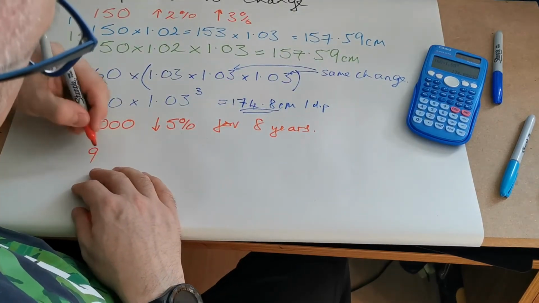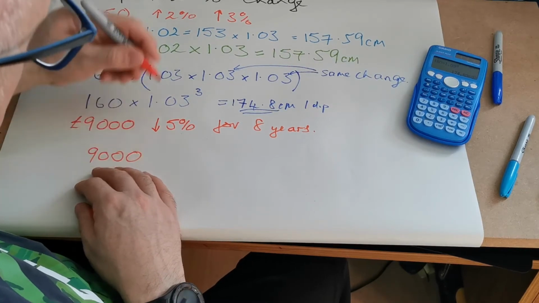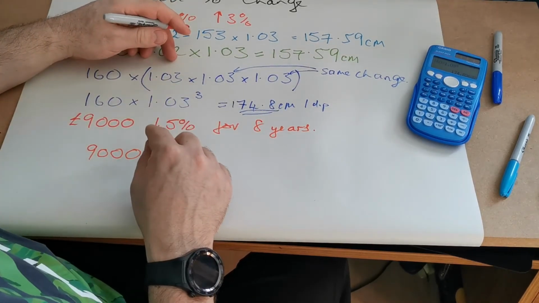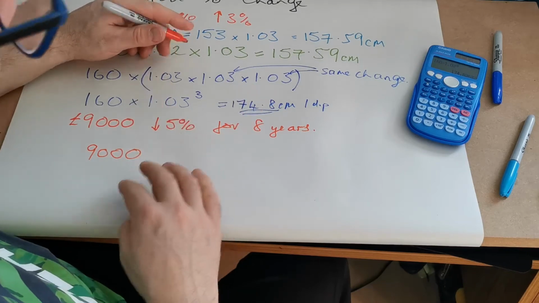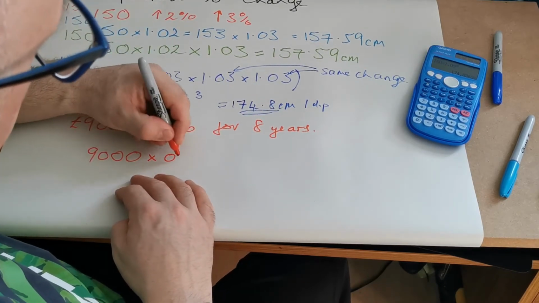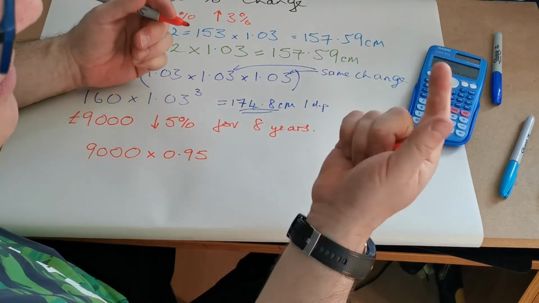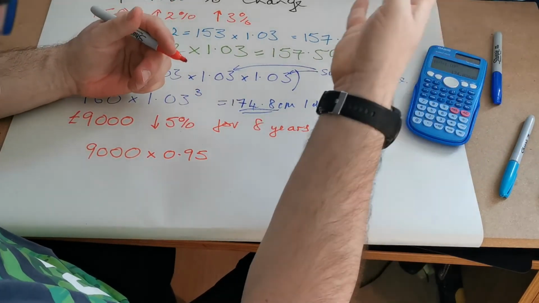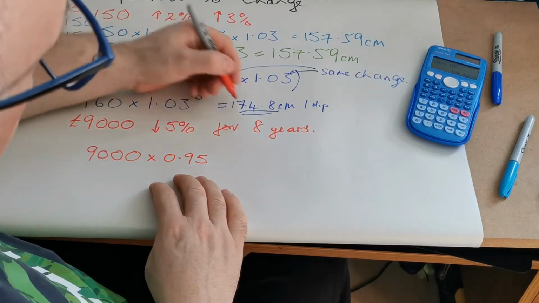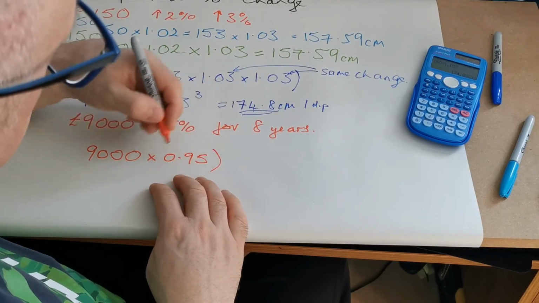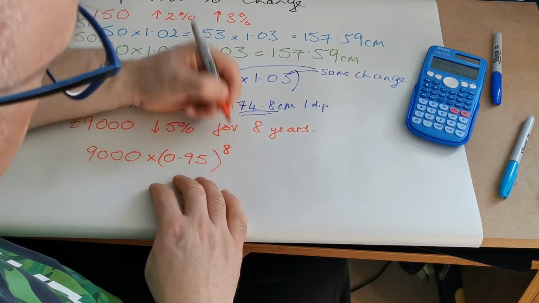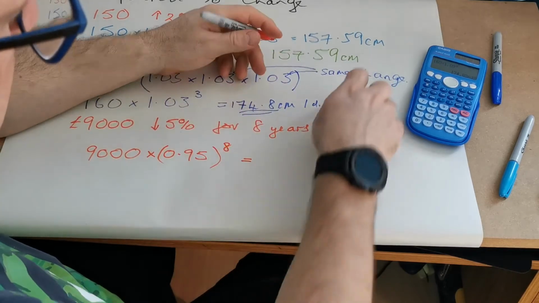Well, I'll start off with my 9,000. Now if it's going down by 5%, the quick way of doing that is to multiply by 0.95. But I'm going to do that again and again. In fact, I'm going to do it 8 times. Because I'm going to do it 8 times, I'm going to times by that to the power of 8.